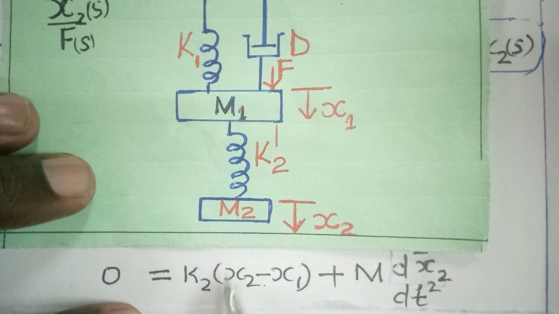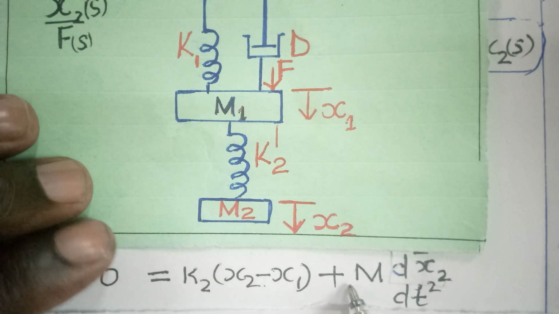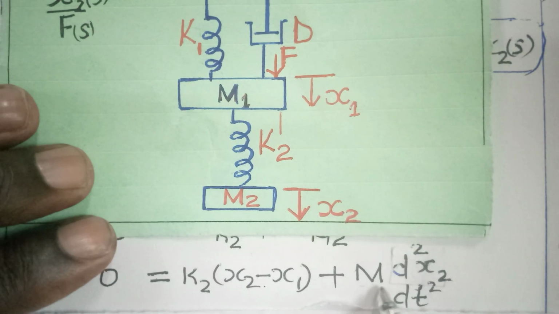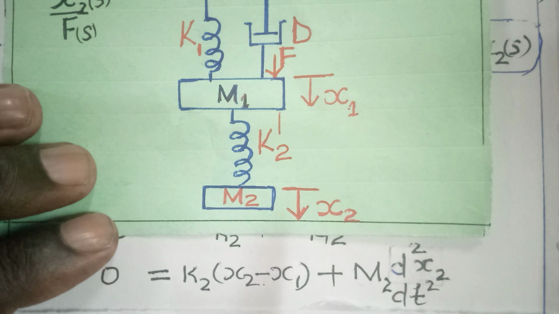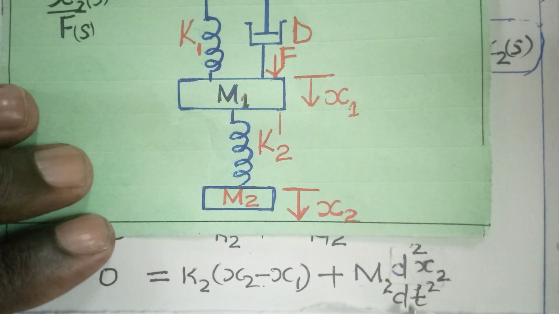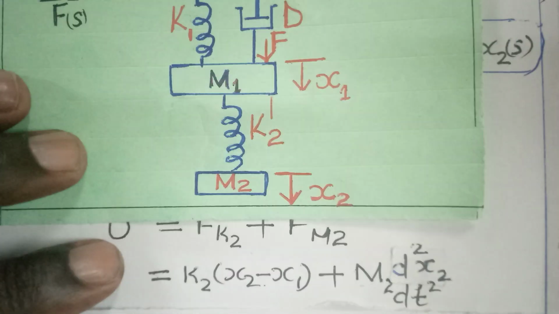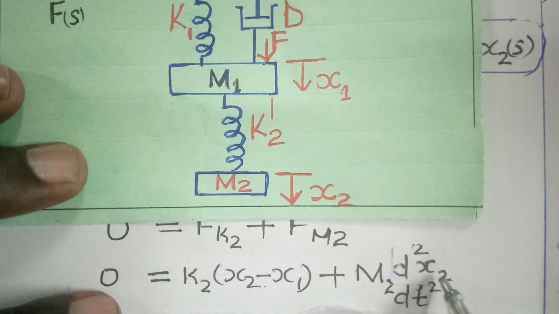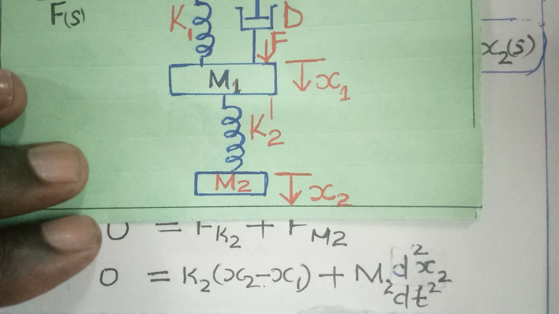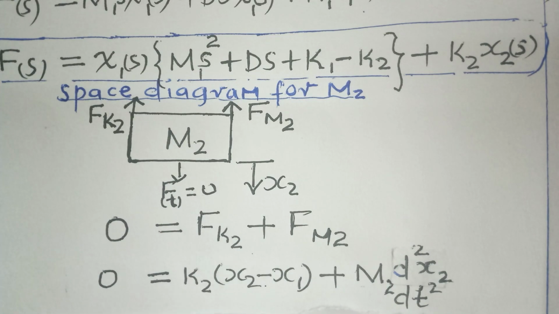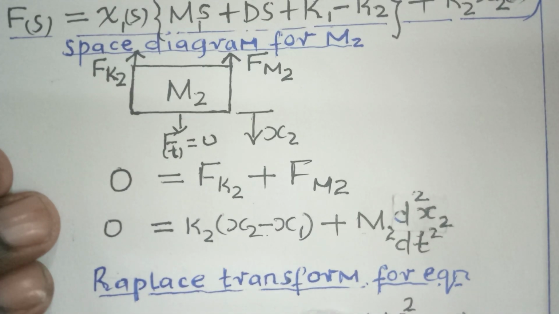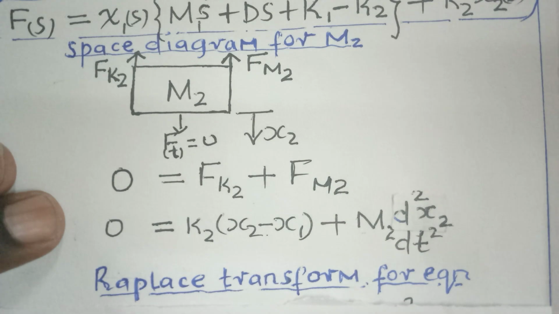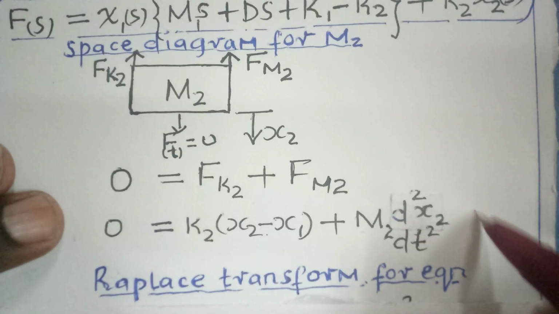It can be compression or it can be extension, plus m2 d squared x2 over dt squared. This is x2, guys, we are talking about this x2. So from there, guys, we now have to replace that with the Laplace transform. This one is the differential equation for that mass.